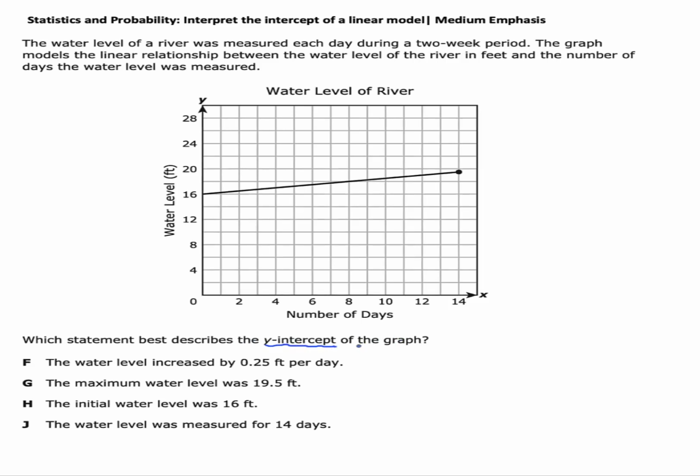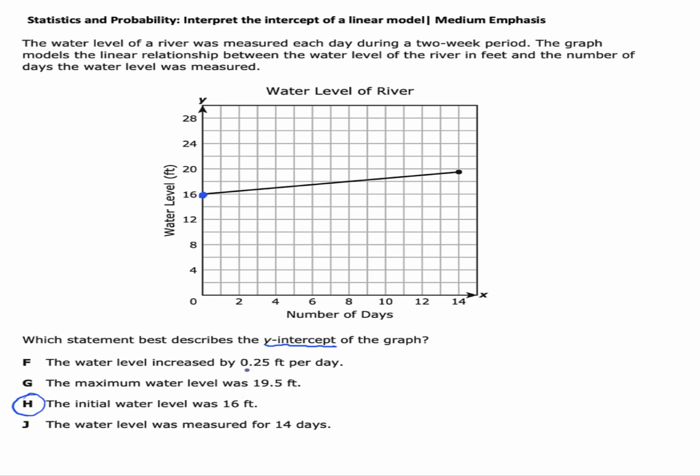The y-intercept of your graph is where your line cuts or intersects the y-axis, which is right here at 16. So you're like, okay, my y-intercept is 16. So with that, if you look at these numbers, you right away get your answer as H.